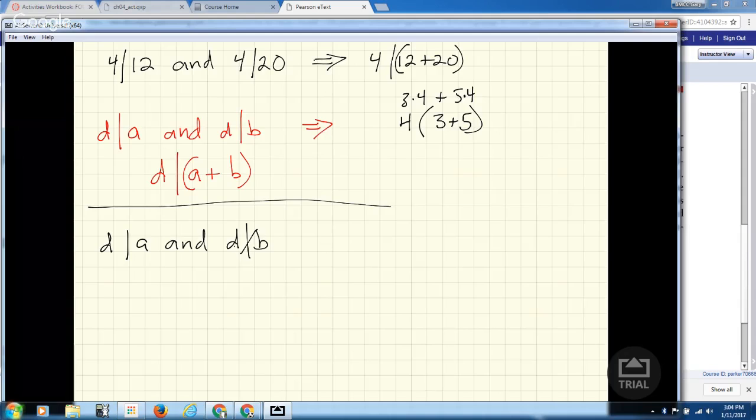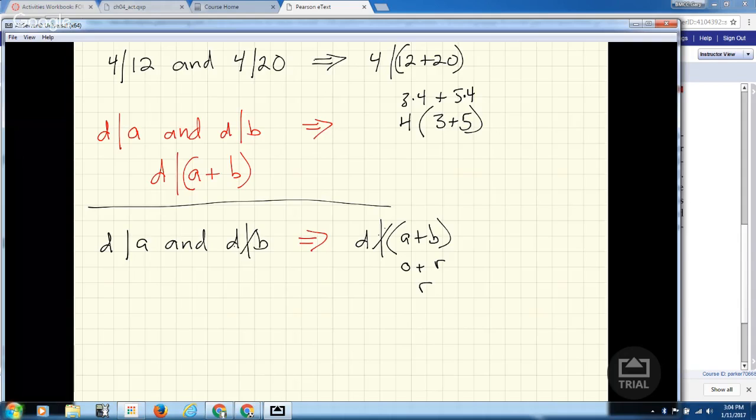That means there's a remainder for the second one. So the question would be, what can we conclude about d dividing a plus b? Here we would have no remainder, here we have some remainder, and no remainder plus remainder is a remainder. So that means d shouldn't divide that sum in general.